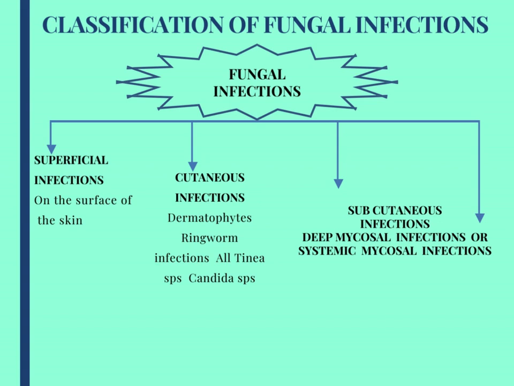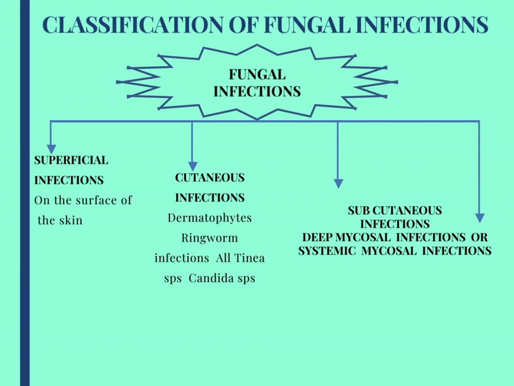Subcutaneous infections, location: involve tissues below the skin such as muscles, fascia, and bones. Examples: deep mycotic infections or systemic mycotic infections. These infections are more severe and may spread to internal organs. Various fungi can cause subcutaneous infections, including species like Sporothrix schenckii, which causes sporotrichosis, and others like Fonsecaea and Cladophialophora that cause chromoblastomycosis.